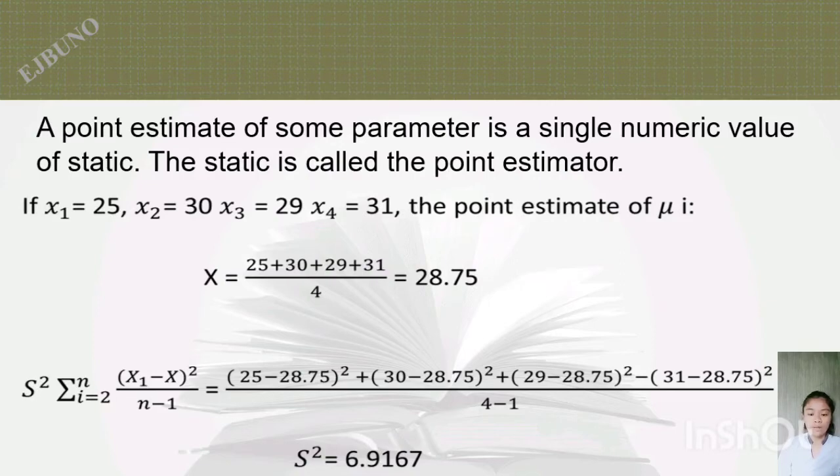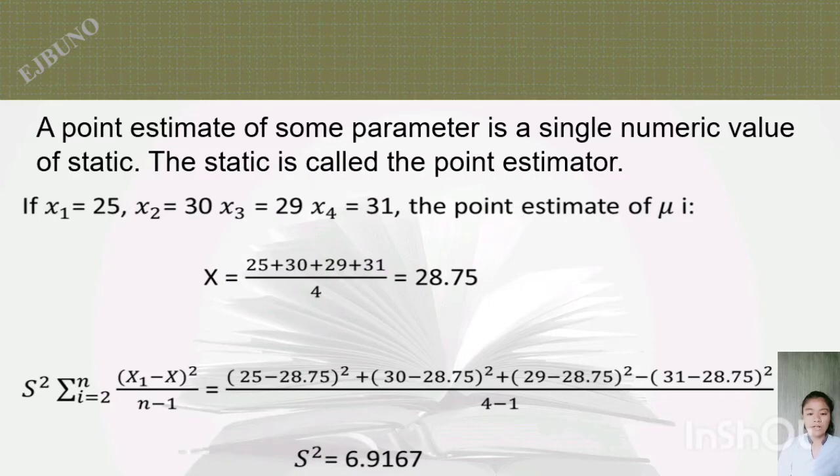So our mean is 28.75. So the point estimator x bar, the sample mean, will be the value of the population mean.